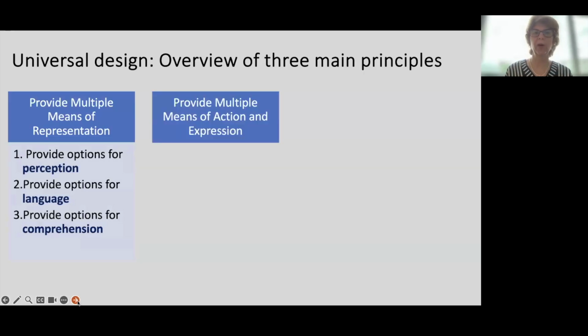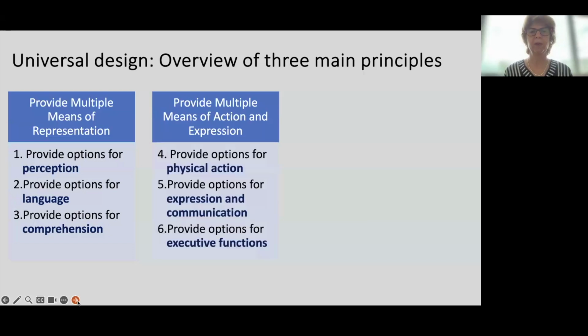Providing multiple means of action and expression. So multiple means of representation were about how you present learning material. Multiple means of action and expression are what the students do with the learning material. And we need to provide students options for physical action, right? So if you think back, when I said we're going to use the Mentimeter, there were different ways of accessing it. And if we were in a real classroom, I could say, if you don't want to use your phone, you can write it down, or you can say it to your partner.